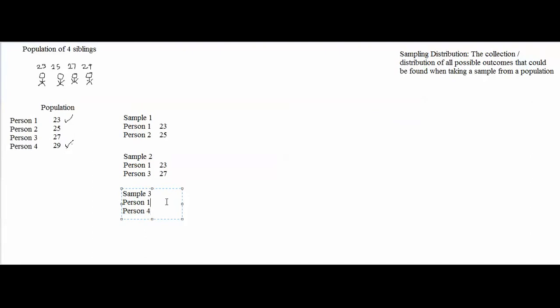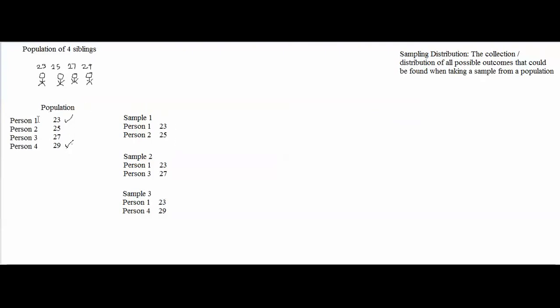And their 2 ages are 23 and 29. So if we end up selecting person 1 and person 4 to be our sample, then this will be our data set. These will be the two ages that we'll be recording.